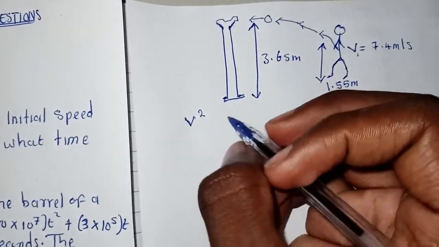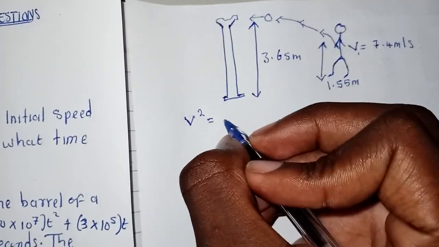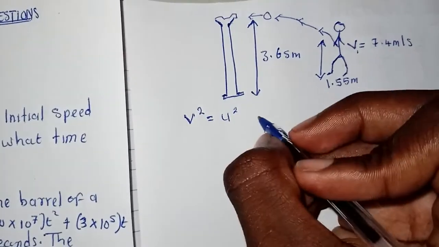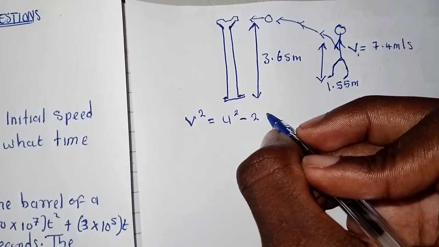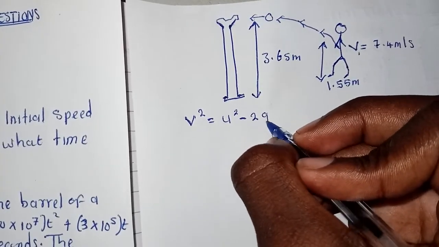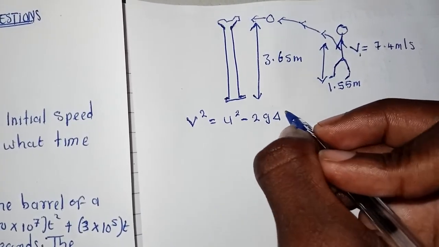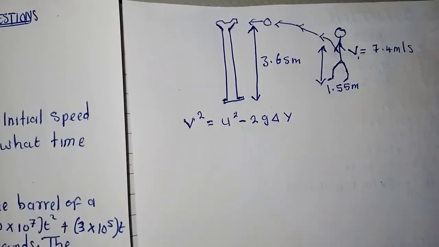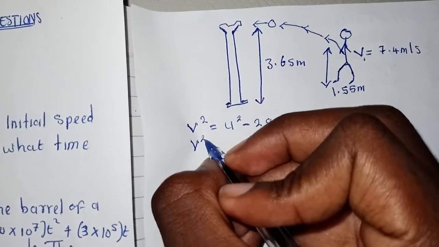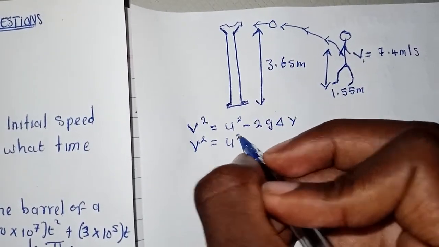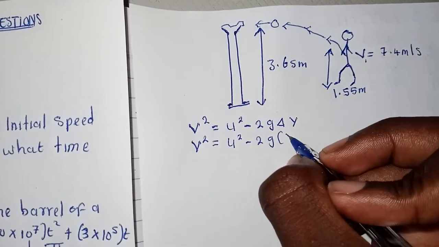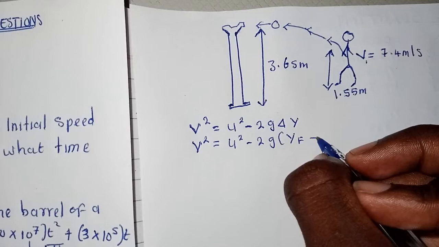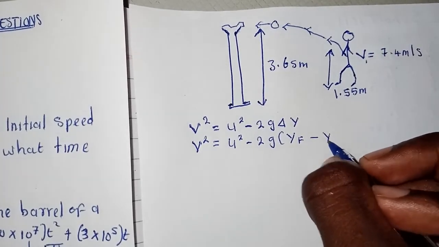This one is v squared equal to u squared minus 2g times the change in y. Remember, this formula can be expanded: the change in y is just y final minus y initial.